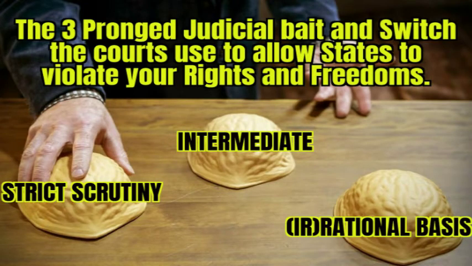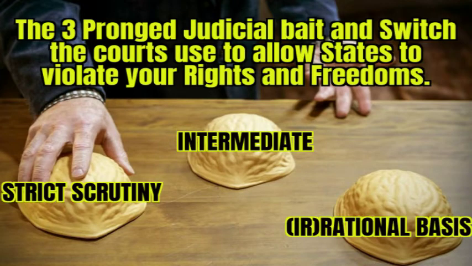But as with strict scrutiny, intermediate scrutiny also places the burden on the government. So there is a burden on the government, but it's a far lesser burden that is being required. Think of it from this standpoint.